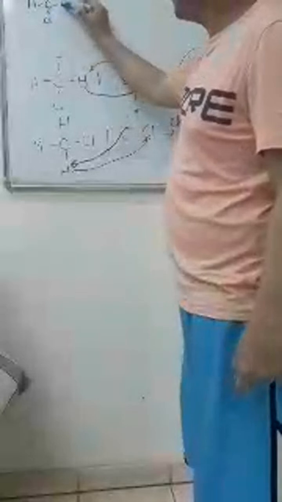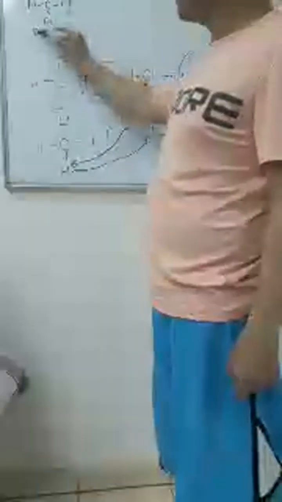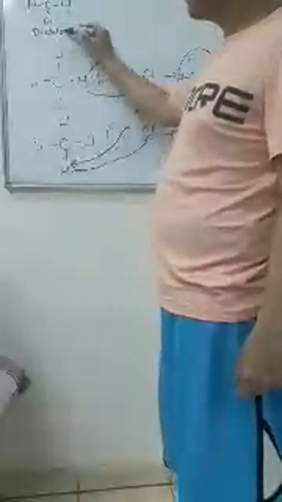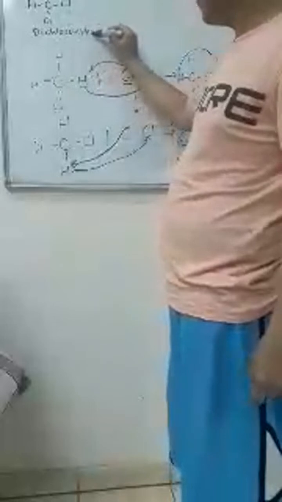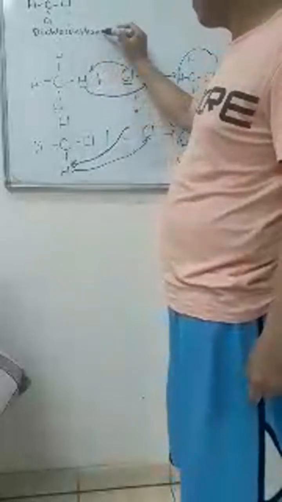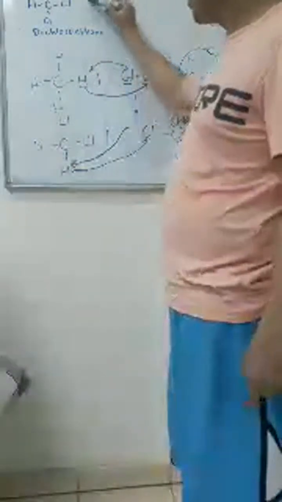So H, carbon, H, chlorine. This is dichloromethane. So all you have to do is be patient in dealing with organic chemistry, organic compound chemical reactions, until such time you reach the final destination.